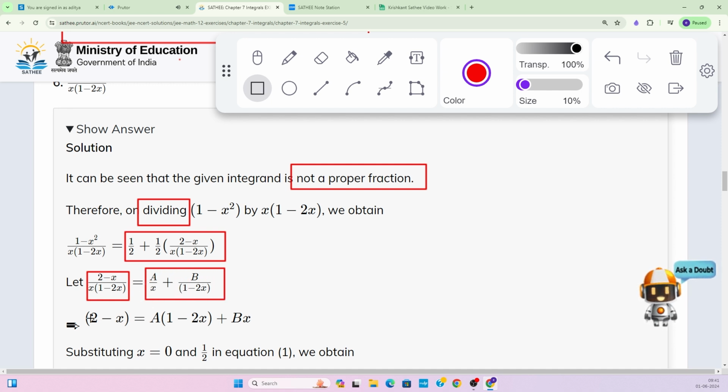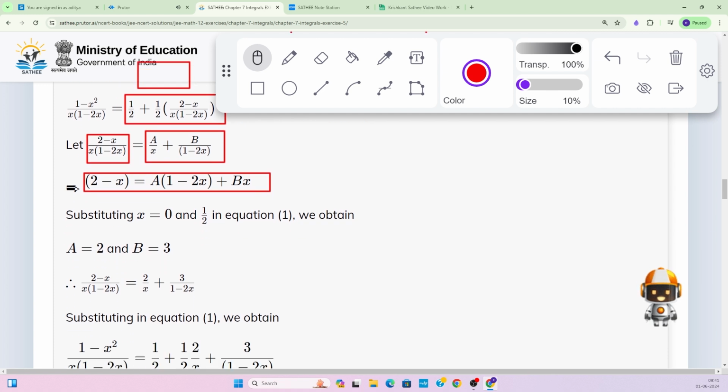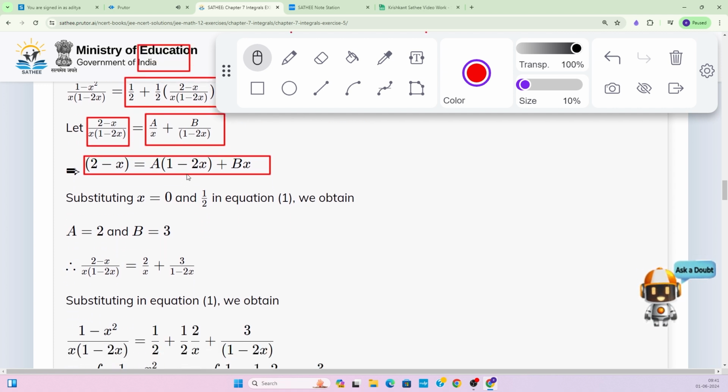So you will have 2 minus x is equal to a times (1 minus 2x) plus bx. Clear? Now substitute x is equal to 0. You will have a is equal to 2, and substitute x is equal to 1/2. You will have b is equal to 3. Simple? Clear? Very easy to find these a and b values now.